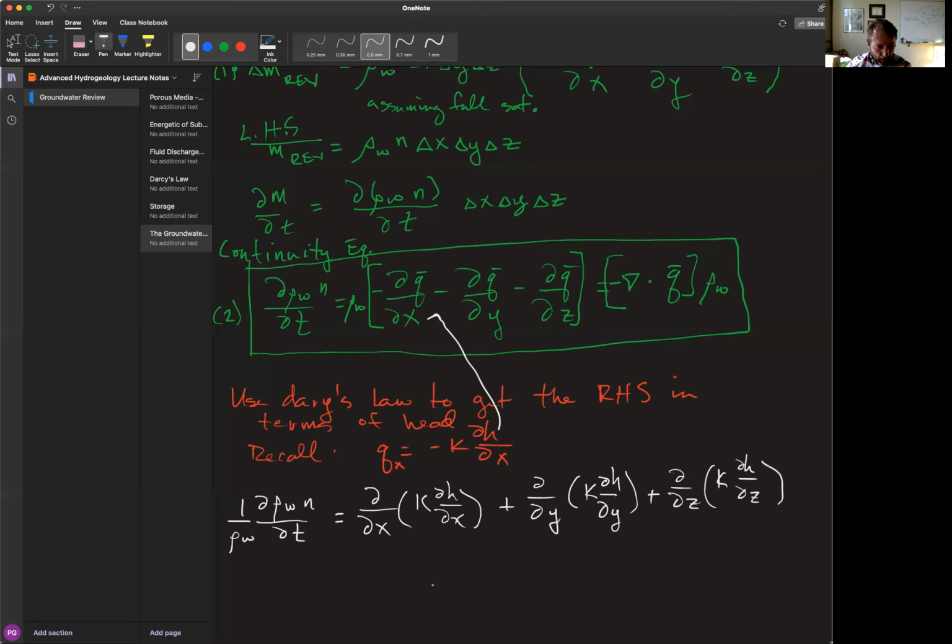All right, so my right-hand side is now all in terms of the gradient in head. Head is easy for me to measure. So now let's deal with this left-hand side.